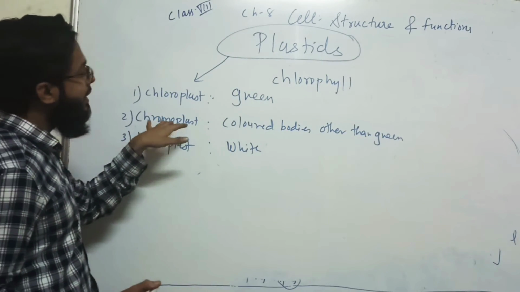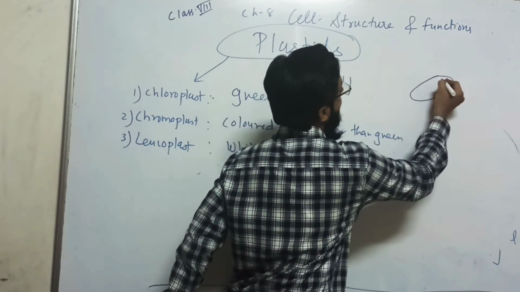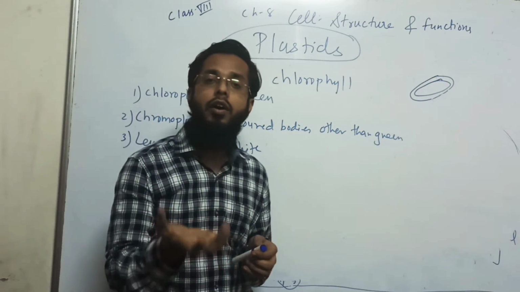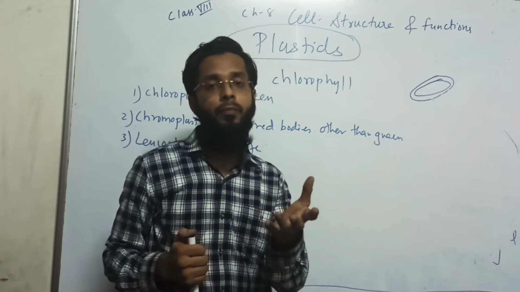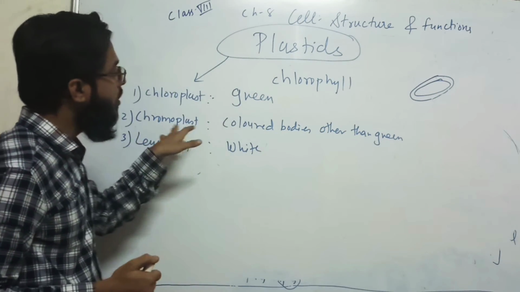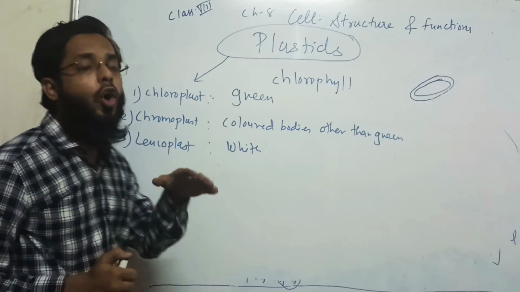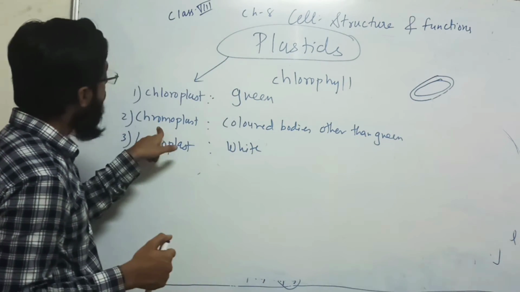And chromoplast is also a plastid. These are actually double membrane plastids. Like we have red carrots, fruits. This different kind of color is because of the chromoplast. Flowers have color. This is because of the chromoplast. All the color other than green is because of the chromoplast.